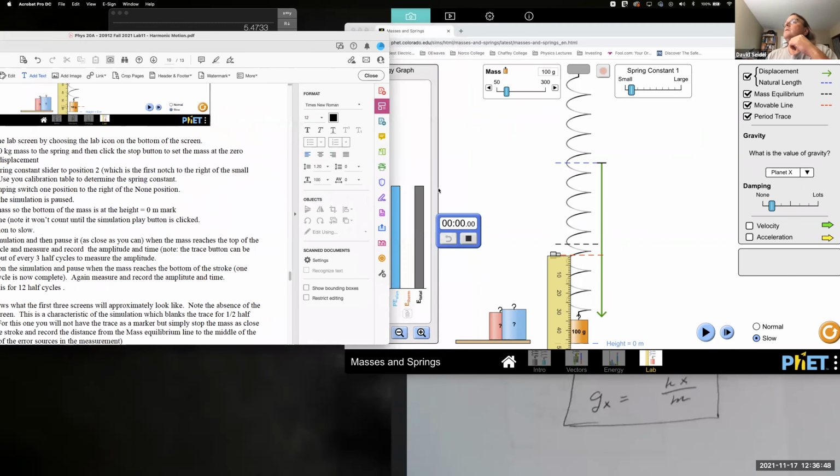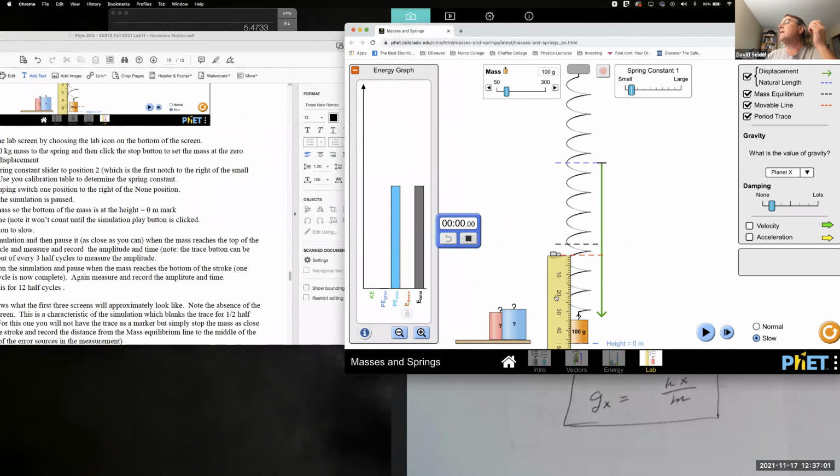Okay, so we've got this started. We're moving slow. Okay, we know that it's going to, let's go ahead and set my ruler at 50. Okay, my center is a little bit after 90.